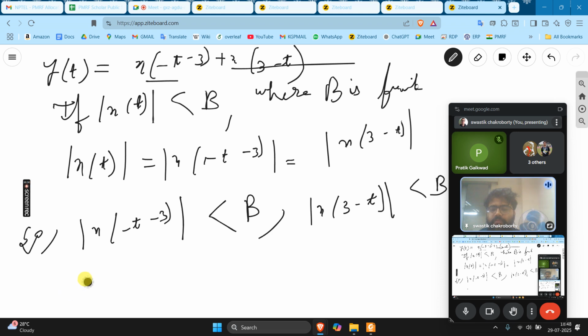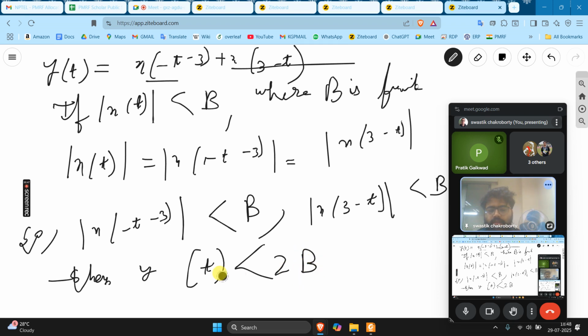So if both of them are bounded, then mod y(t) is less than 2B, which is also finite. If B is finite, then 2B is also finite.